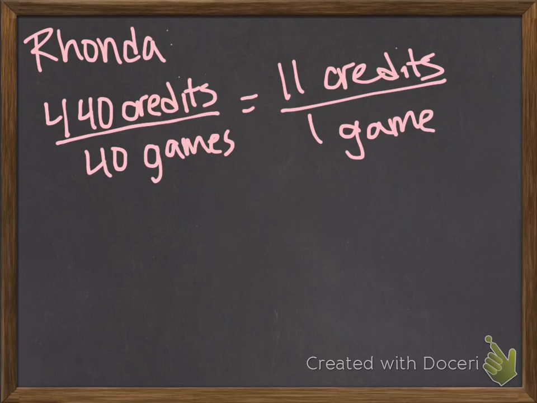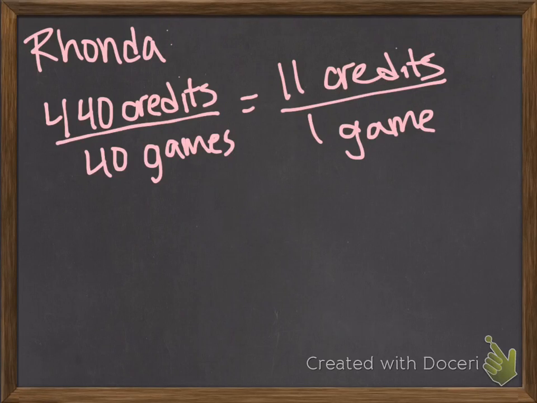And her justification is, I used the last listing in the table and wrote a rate, credits per games won. Then I divided both the first and second terms by 40 to write the rate as a unit rate. I got 11 over 1. The unit rate is 11 credits per each game won.